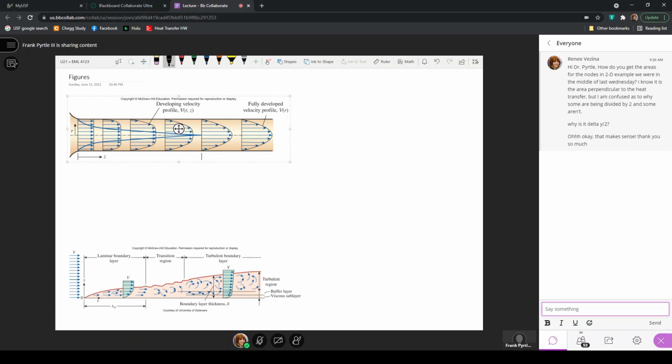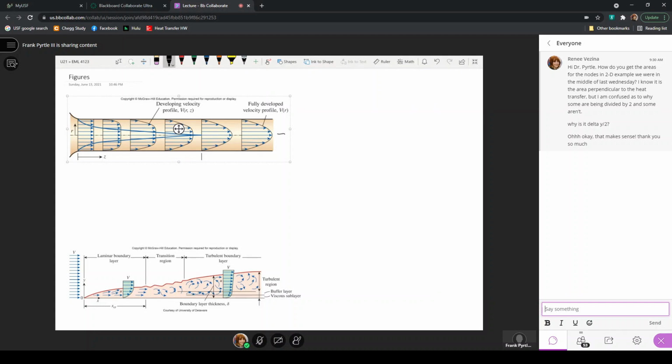If we have fluid entering a pipe, we usually consider it to have a uniform velocity initially. And then that velocity distribution changes due to the no-slip condition. Here this is in the R direction for a pipe flow. So here, this is R equals 0.